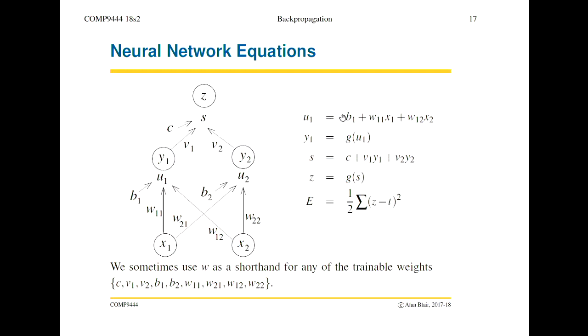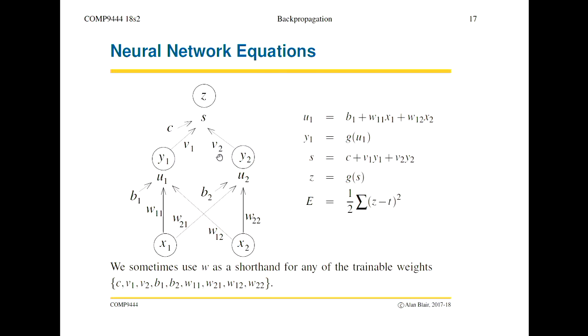So u1 is b1 plus w11 x1 plus w12 x2. That's a linear function, and then we have this nonlinear activation function or transfer function. Traditionally with the perceptron this was just the step function, but we'll talk in a minute about different types of activation functions. This function here is called g.